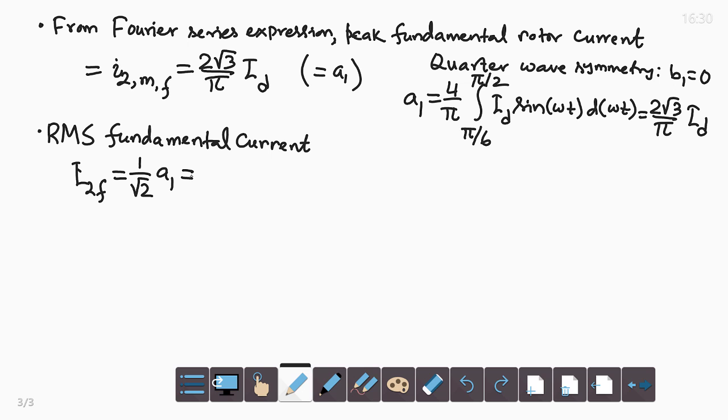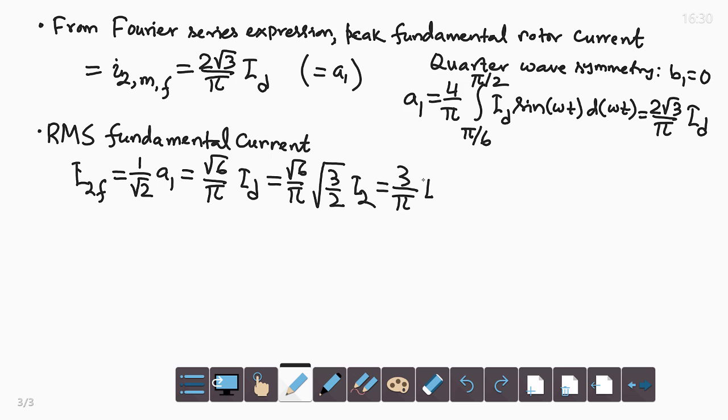So, that is root 6 by pi into I d. So, substituting the relation between I d and I 2, root 6 by pi I d is root over of 3 by 2 into I 2. So, this is 3 by pi into I 2. So, what is the mechanical power?